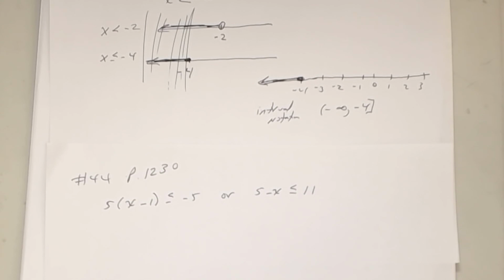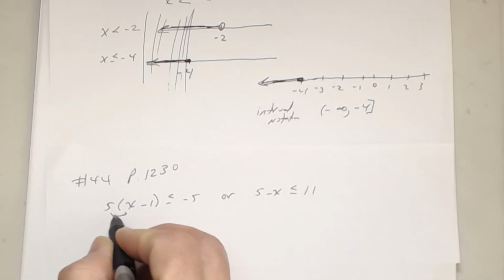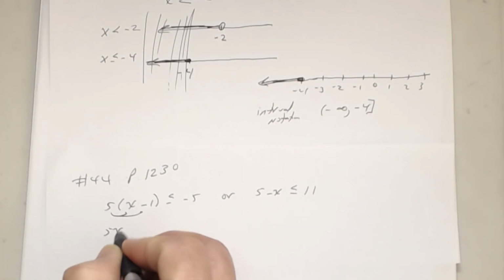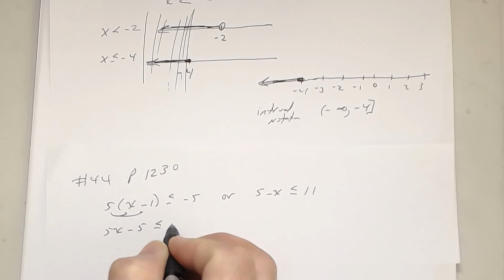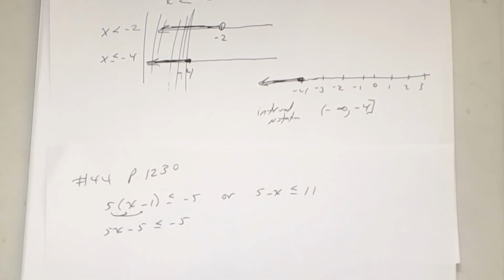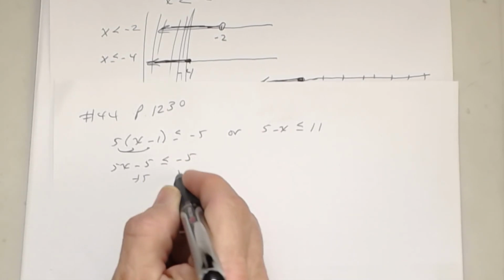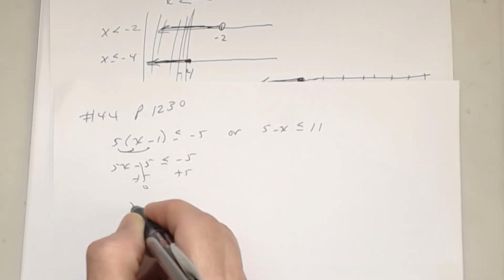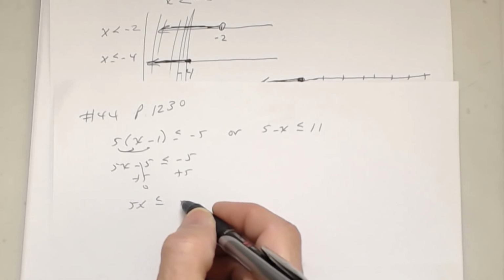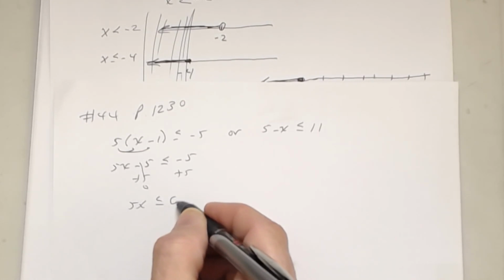So to solve the first one, if that was on your test, how would you solve that one? Distribute first. So I get 5x minus 5 is less than or equal to -5. Next step, add 5 to both sides, combine like terms. I get 5x is less than or equal to 0.